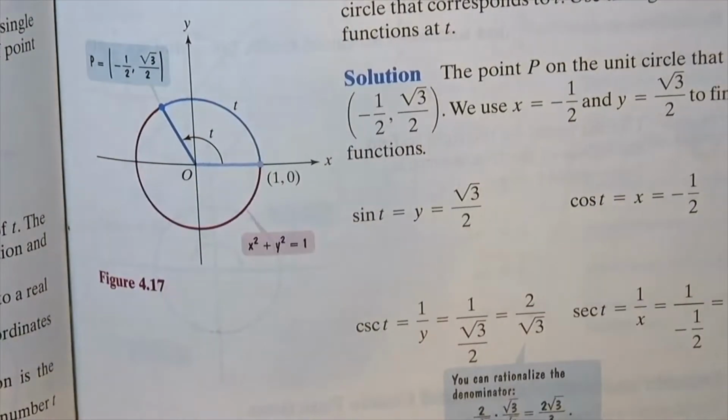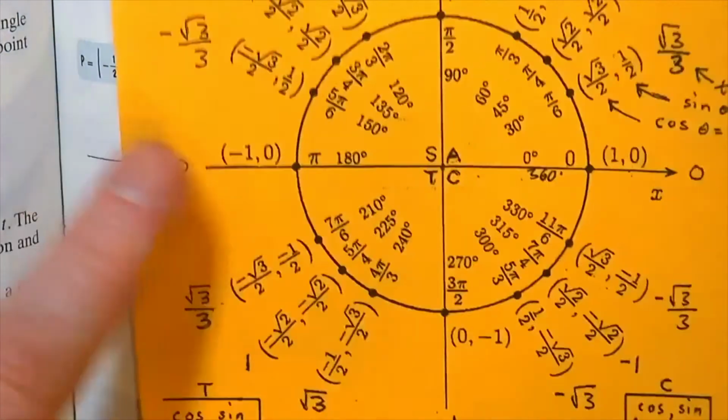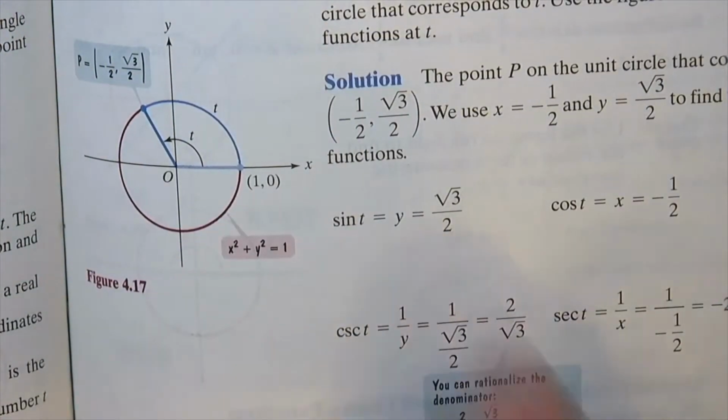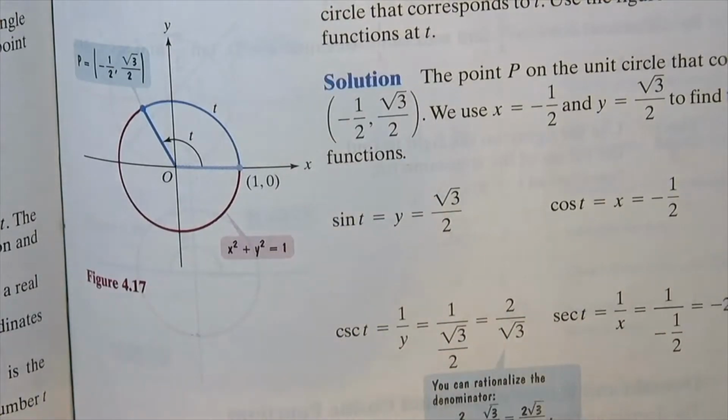Now I could try to find out what angle that is and try to match it up. But that's okay. They want me to list all 6 trigonometric functions. So let me move this out of the way before I try to do that whole question. That seems like a lot of work.